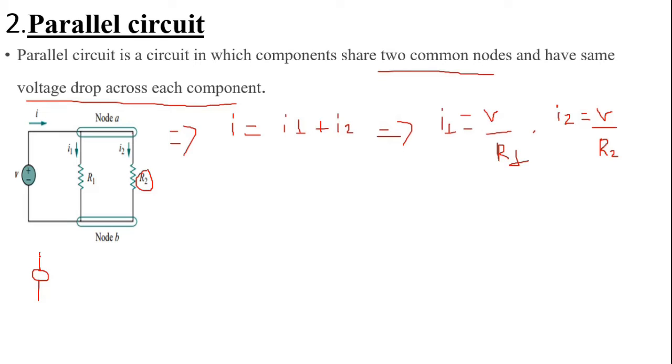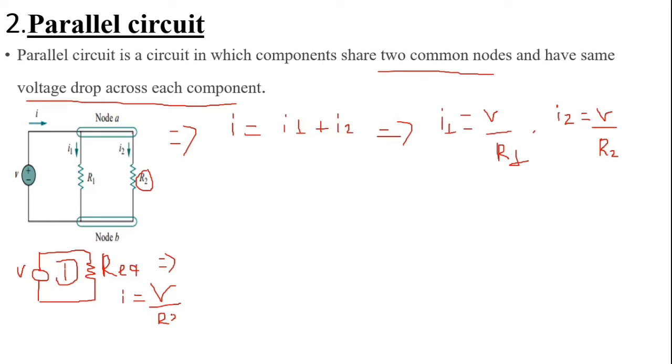We have an equivalent resistance R equivalent, and a voltage source applied to the circuit, and the total current flowing through the circuit is I. From this, using Ohm's law, I can be calculated as V over R equivalent.